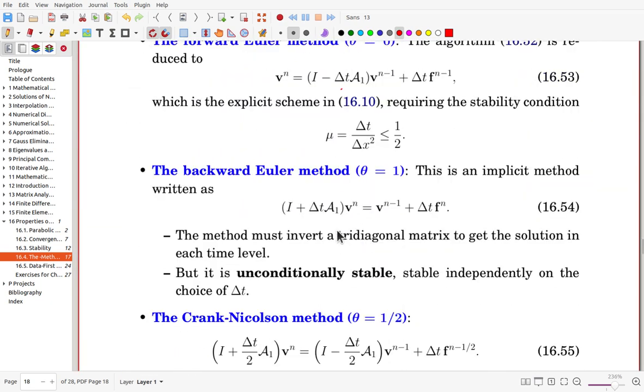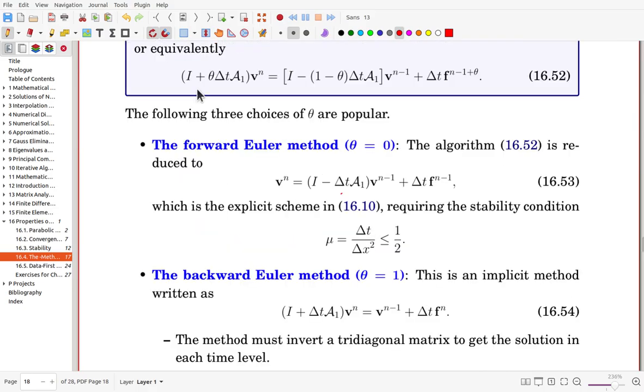When theta is 1, from this equation we get that equation. Once theta is 1, that term will disappear, and this is (1 plus delta t A1) V^n, and you can get that one.